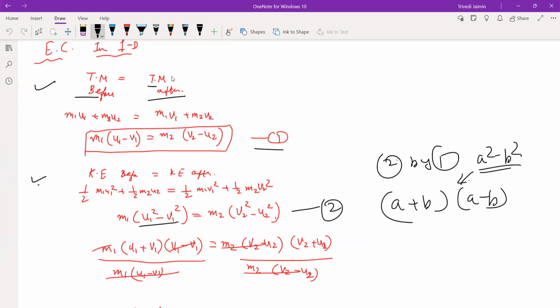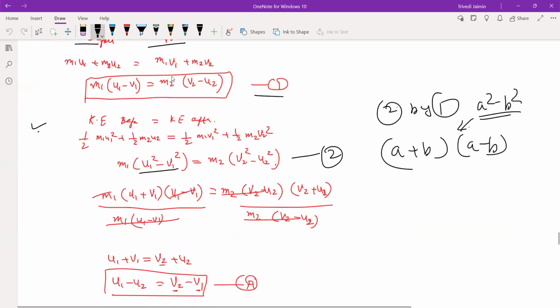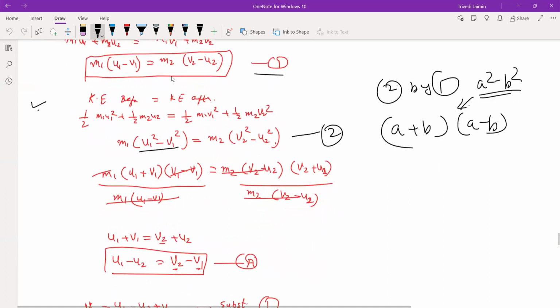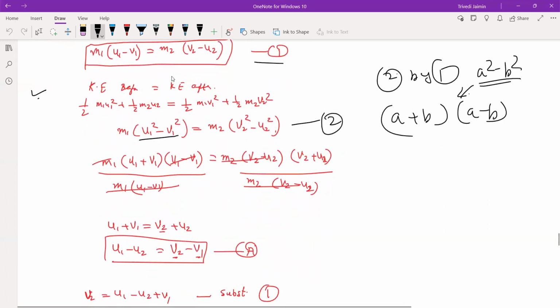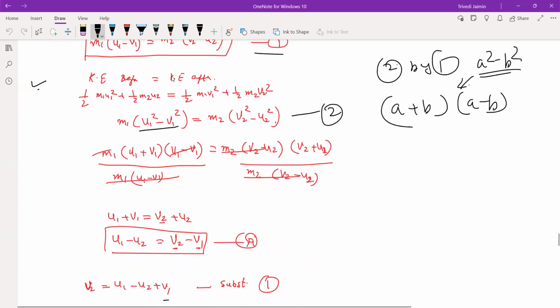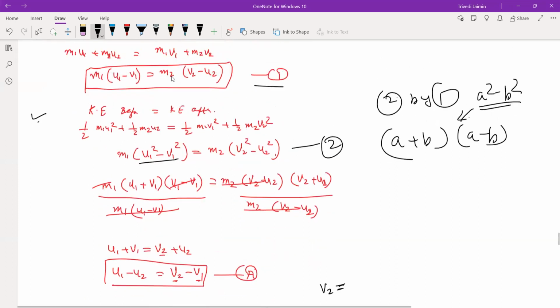I got u1 plus v1 is equal to v2 plus u2. Exactly. Now, from this equation, make v2 the subject, send the remaining terms to the other side, and substitute in equation number 1.